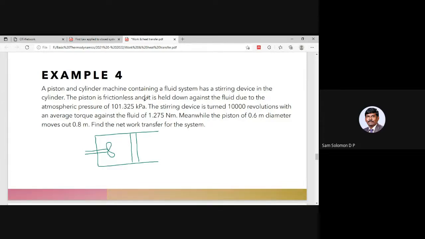The piston is frictionless and it is held down against the fluid due to atmospheric pressure. So which means, against the atmospheric pressure means the atmosphere is also exerting its pressure on the piston.